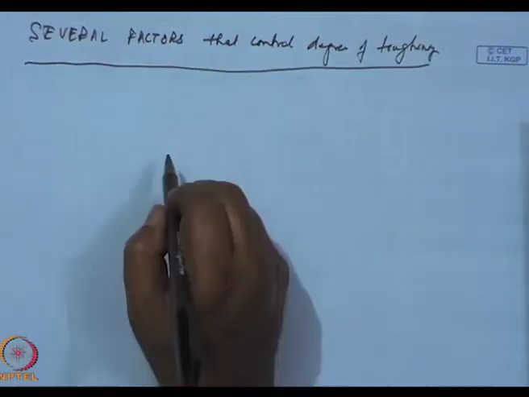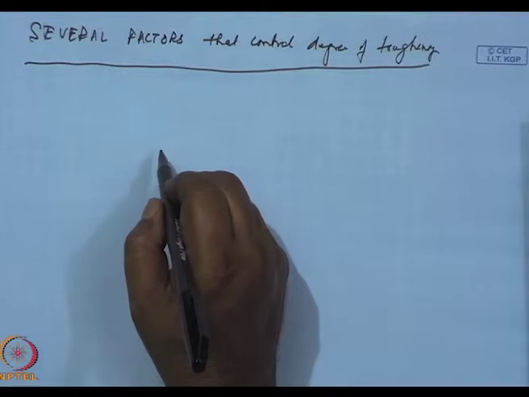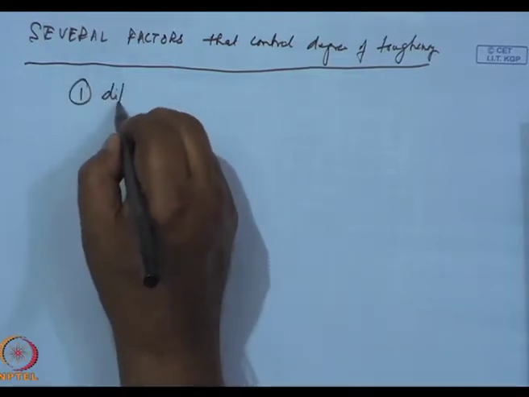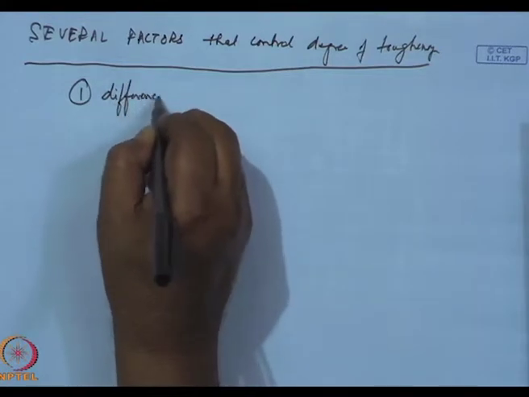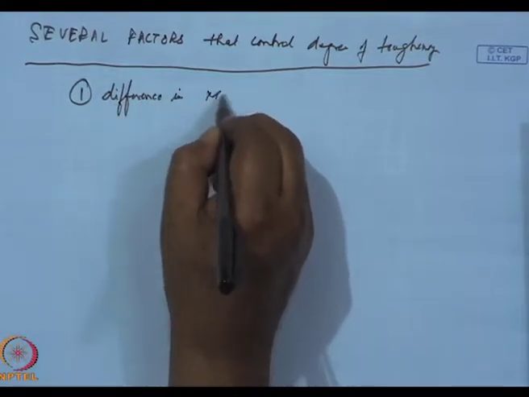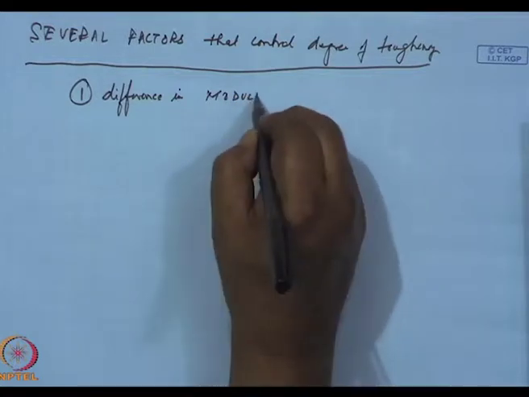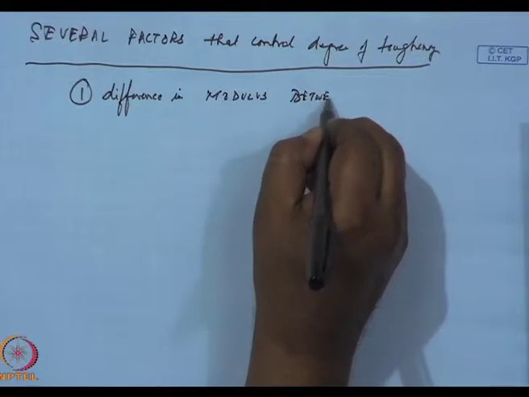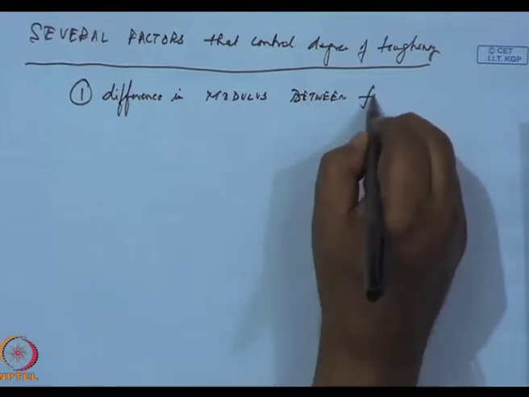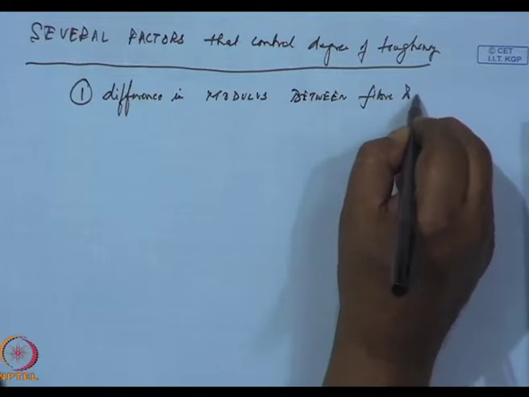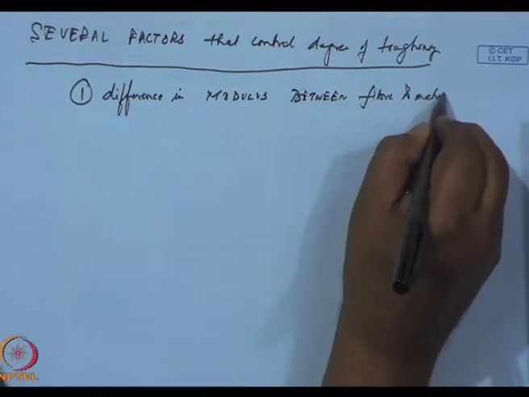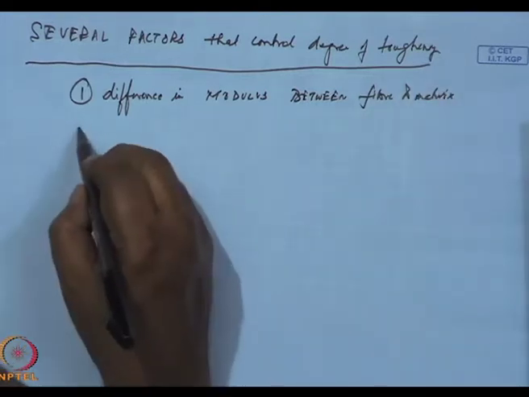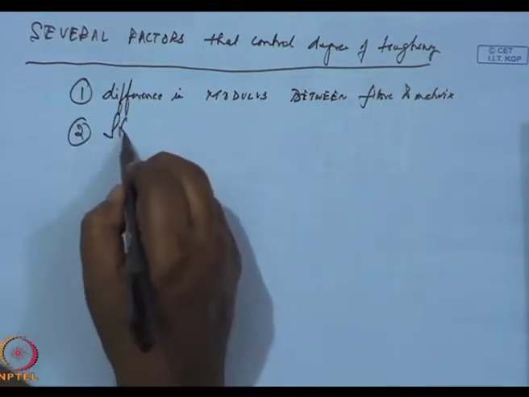Essentially, the first one is the difference in modulus between fiber and matrix. They have to be chosen in such a way. Second, strength of the fibers.